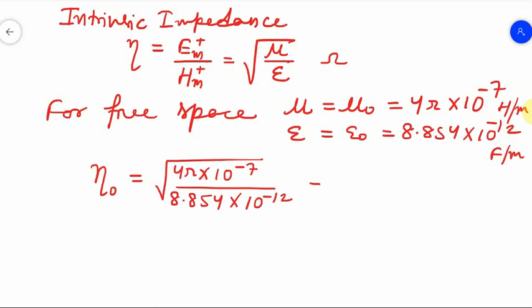This was calculated as 377 ohm, and that was resistive. Up to here we had explained in the last class.